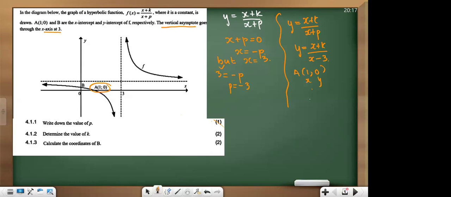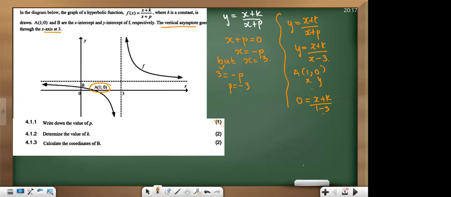So 0 equals x plus k over x minus 3. But x is 1. Let me just substitute, so that will be 1 minus 3. Just do cross multiplication, you'll get your answer.